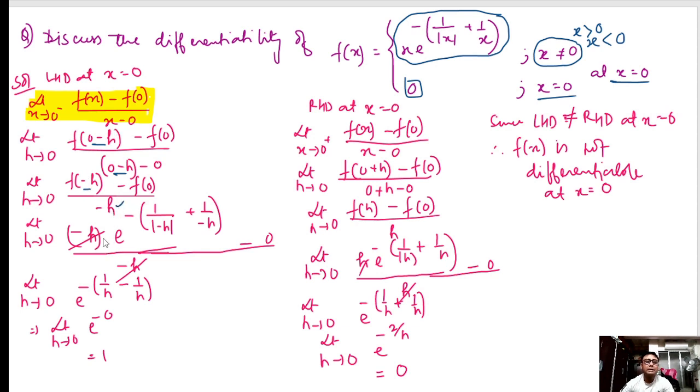So here we are putting in place of x minus h. Mod of minus h is plus h. Okay, plus h. So this part fully cancels. It is e to the power 0, which is coming as 1. Okay, and h also cancels. So left hand derivative is coming 1.